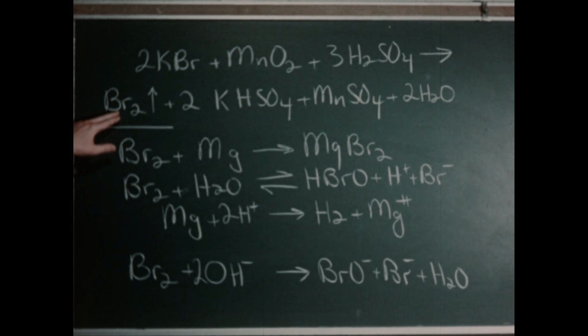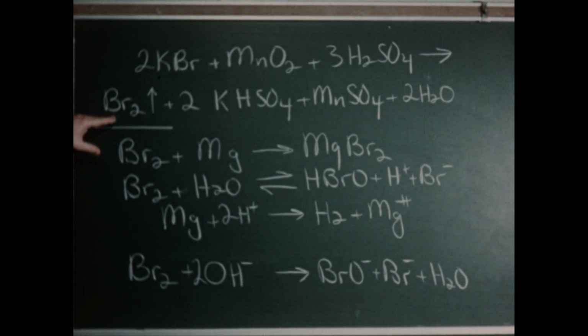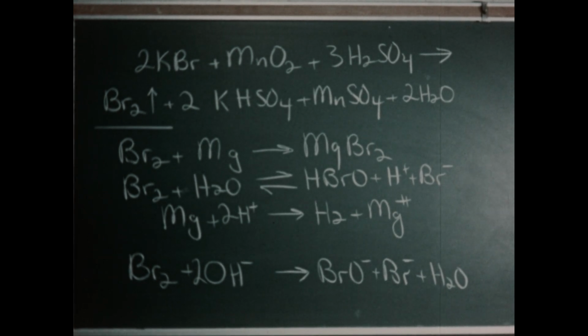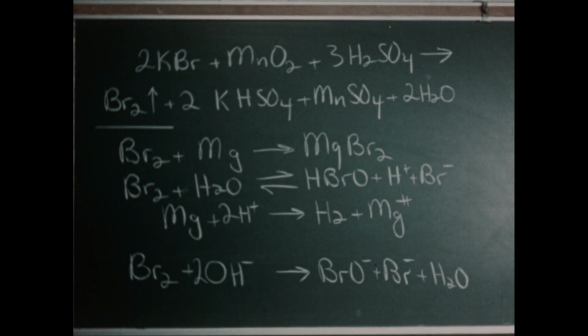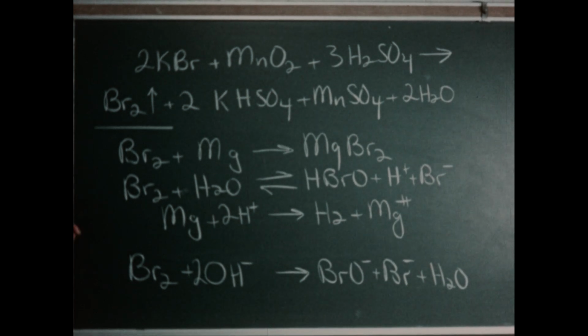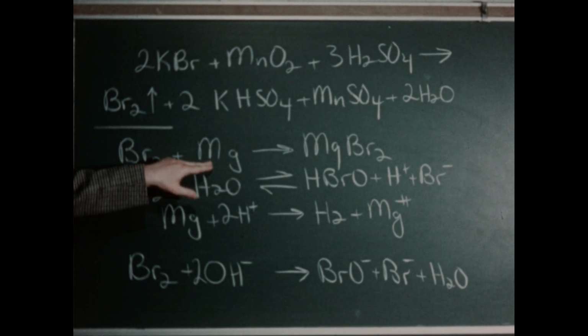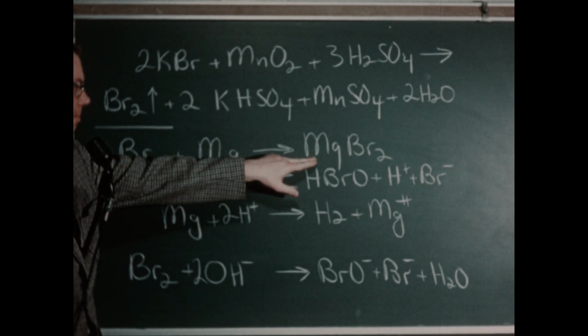The bromine distilled over was collected in water and then subjected to several reactions. First, we saw that bromine water reacts rather vigorously with powdered magnesium. Actually, several reactions are going on at once. There's the direct union reaction between the bromine and the magnesium to produce magnesium bromide.